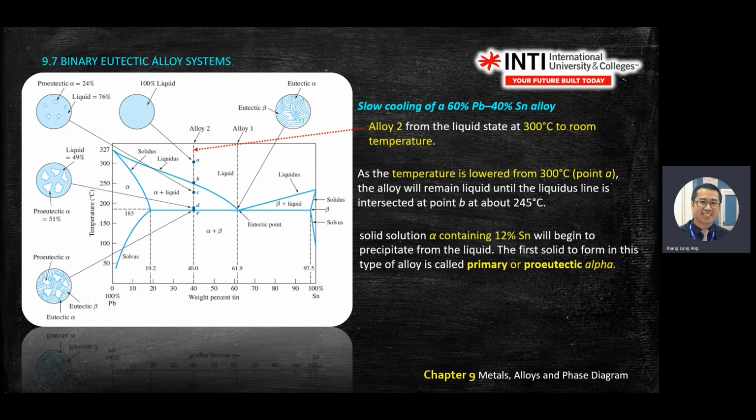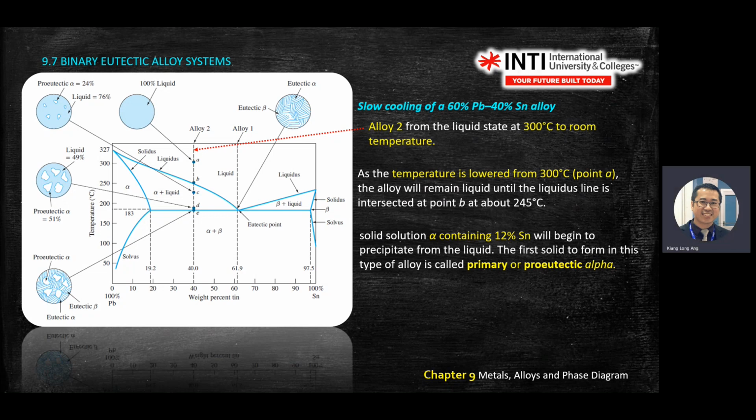So here, if you drop down, you will see alpha at 12% begin to precipitate off the liquid. How do you know 12%? At point B, again use your ruler, draw a horizontal line, drop down, you see alpha, about 12%.